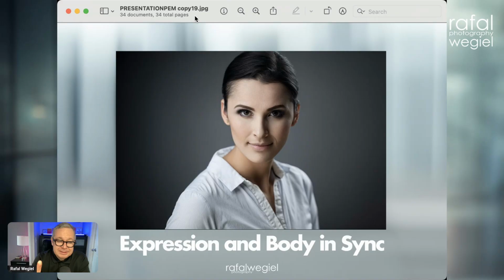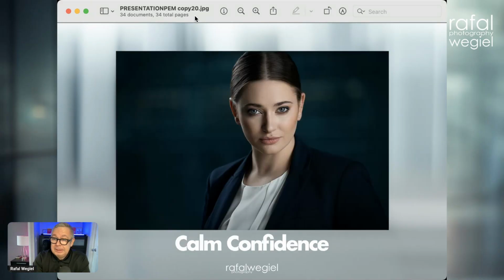Because if the person is not comfortable, stands too long, and starts slouching, the body tells you the story. You can also see the face is going to be affected, right? So that's something you also have to pay attention to. It's not just the facial expression, but also the body language, which aligns with the facial expression. And then you can really sense that. That's another key element you have to look after.